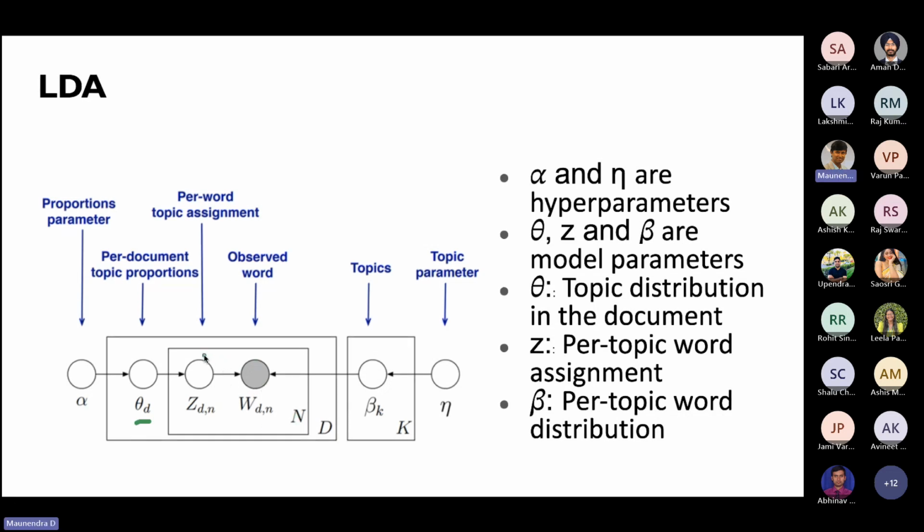Now this Z_d is sampled from a multinomial distribution. This W_dn, we have seen, is also sampled from a multinomial distribution. However, this theta d, right? For a given document, what should our theta d be? We don't know. So there also we are assuming some distribution from which we sample a vector.